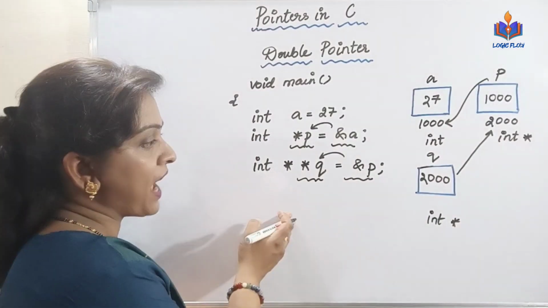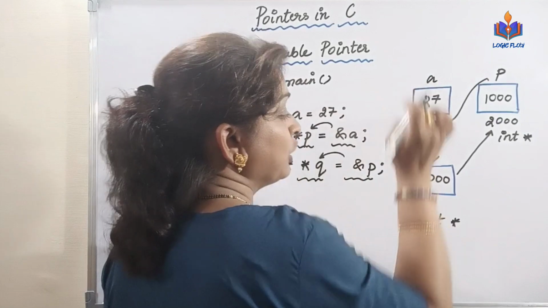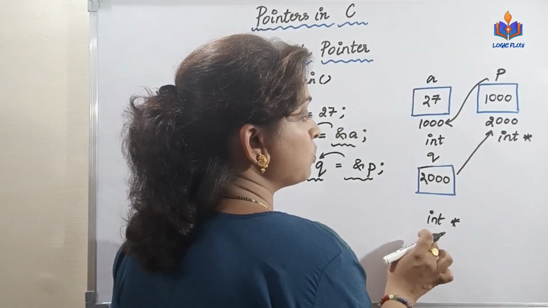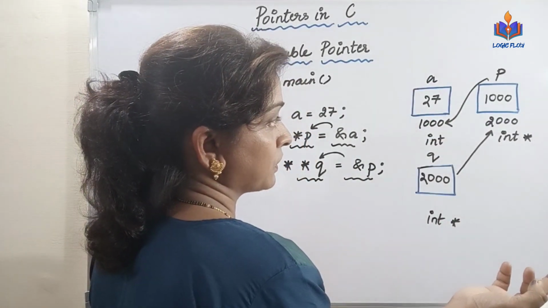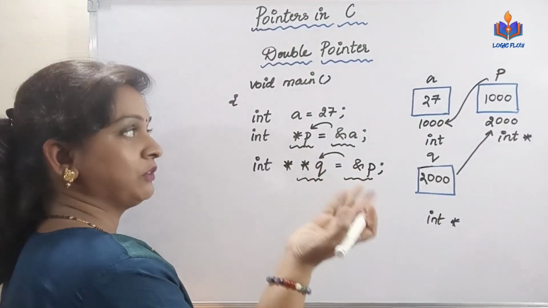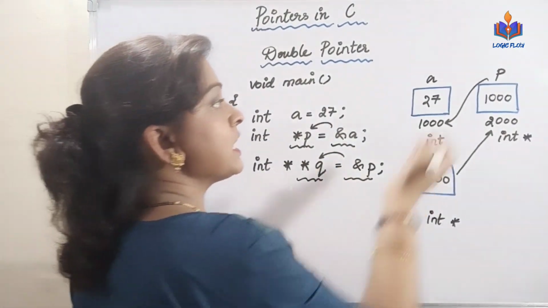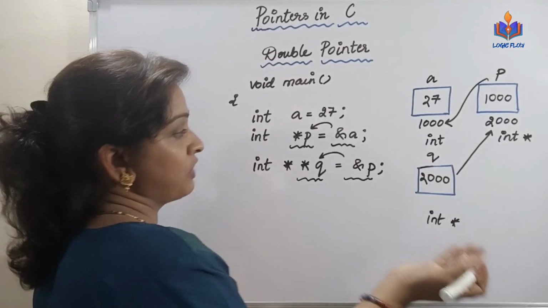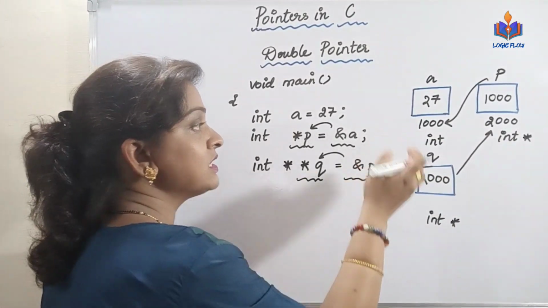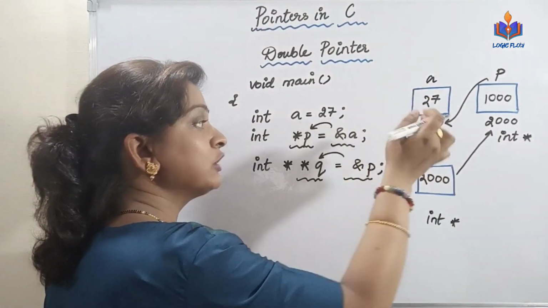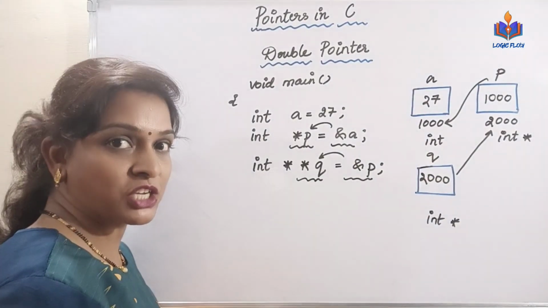When I want to access the value of a through the pointer q, how can I write it? I can just say a, it will give 27. I can say asterisk p, it will give 27. But how can I get this value 27 through q? I have to say double asterisk q.